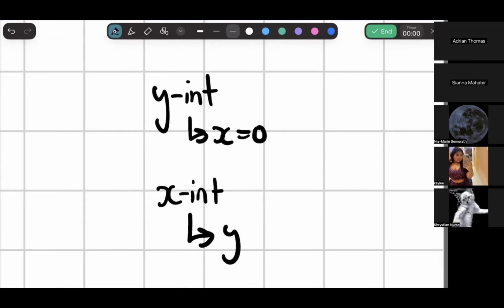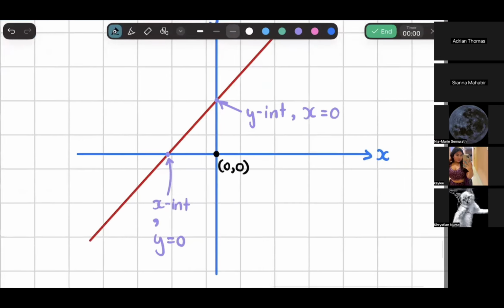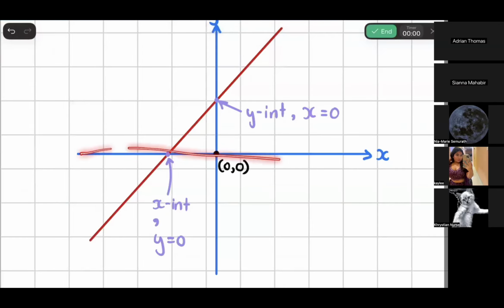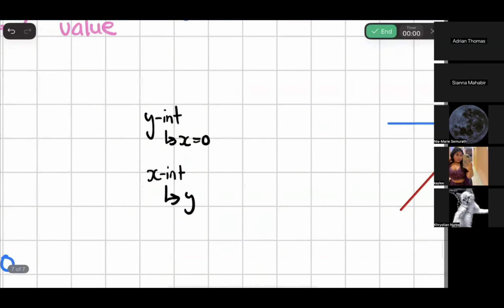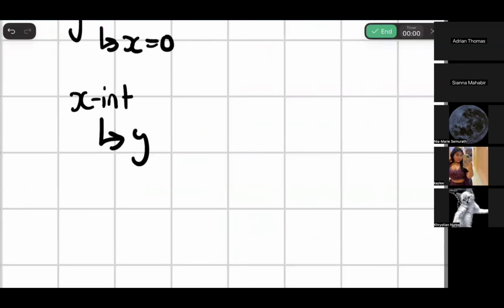Right, the x-axis. So if you're on the x-axis itself, how could you move? Up or down? No, this is the x-axis. You could only move left or right.